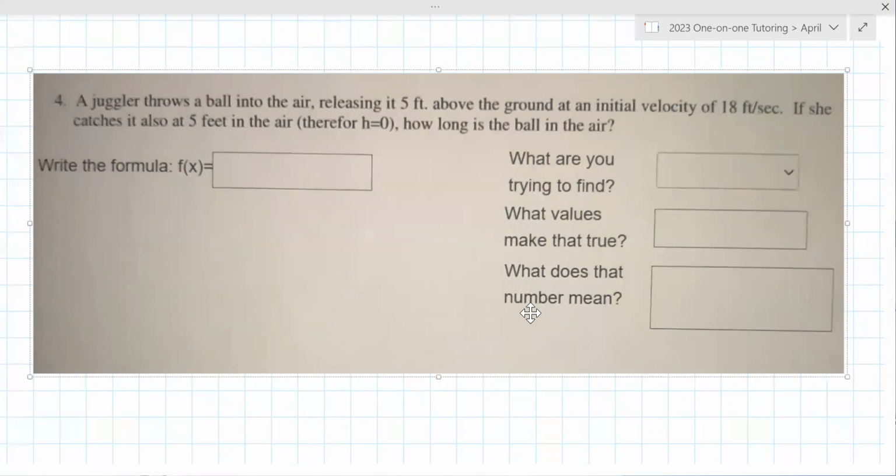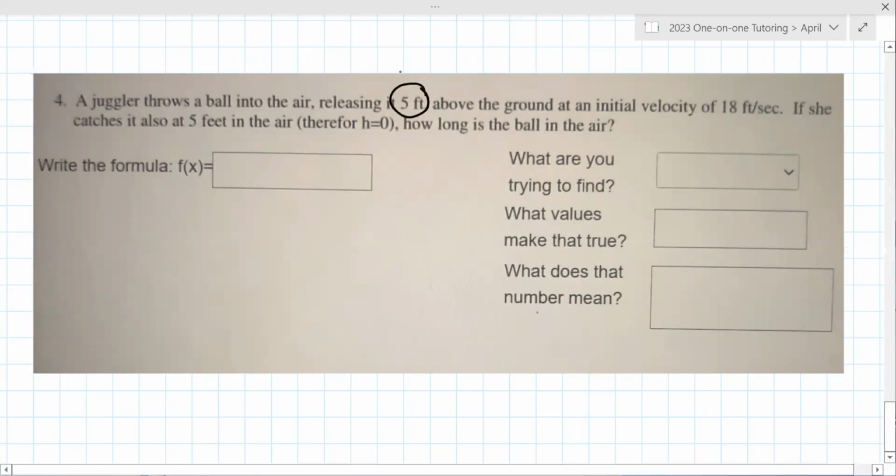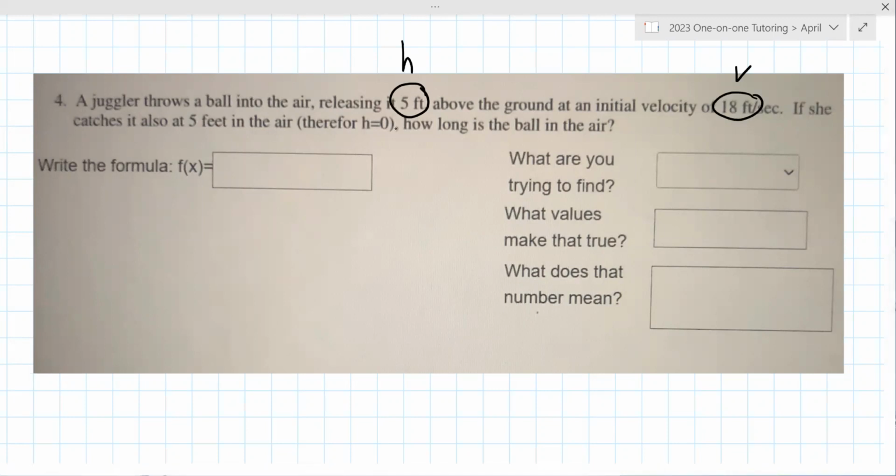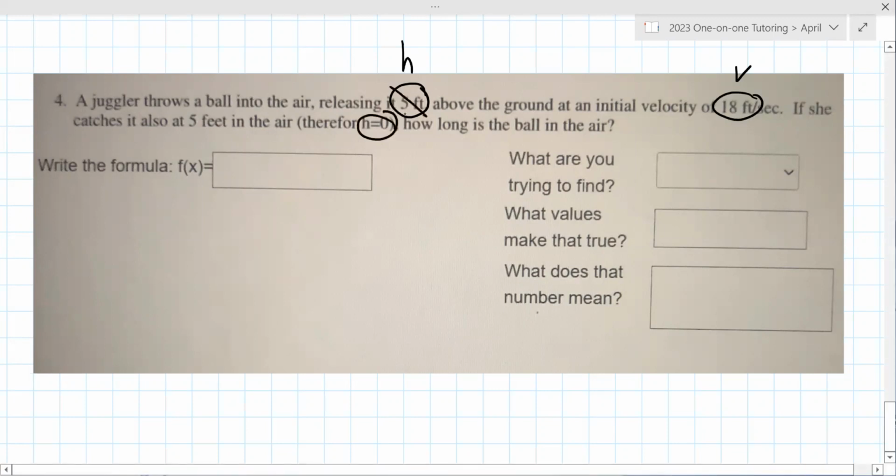All right. A juggler throws a ball into the air, releasing it 5 feet above the ground. That's H. Initial velocity of 18. That's V. If she also catches it 5 feet in the air, then they're telling you now that H is 0, so it's not 5. How long is the ball in the air?